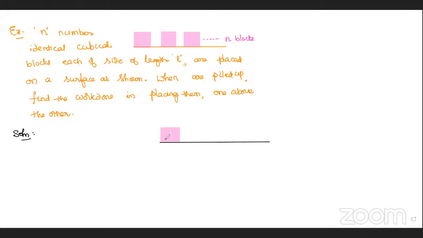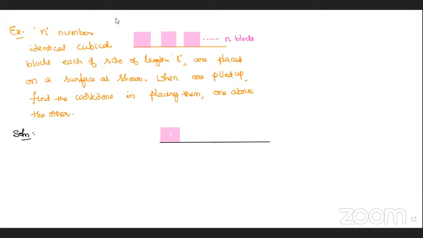Here we are not moving this block. We started placing the other blocks above the first, above the second, above the third, above the fourth, and so on. Piled up. So on the first block, keep in mind, you did not do any work. It is already placed on the floor.